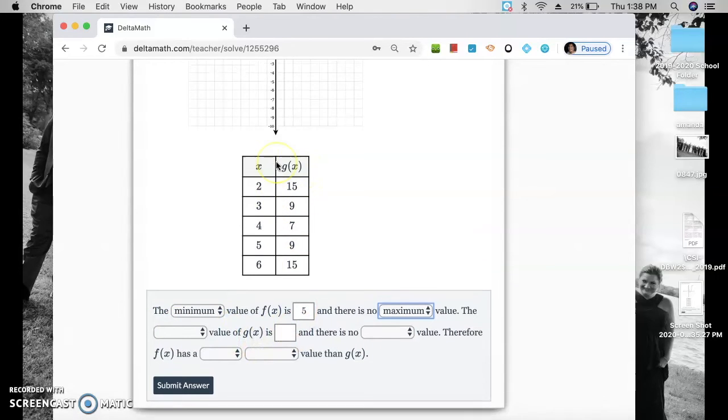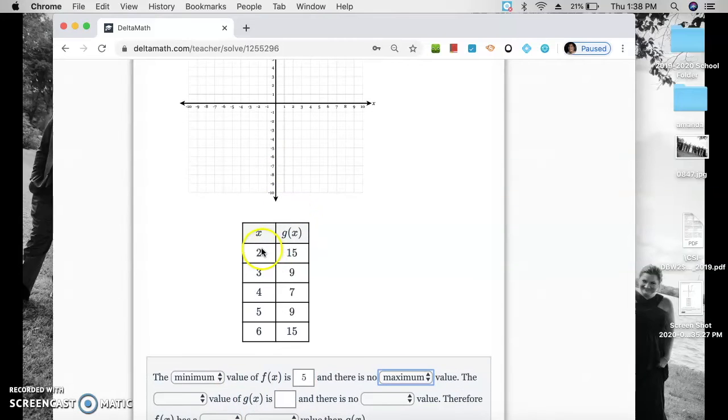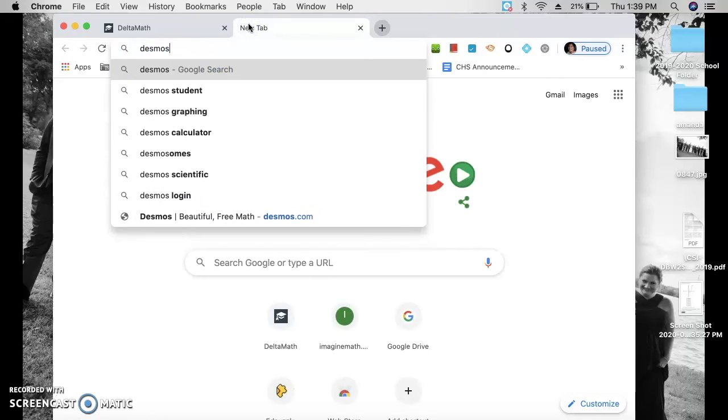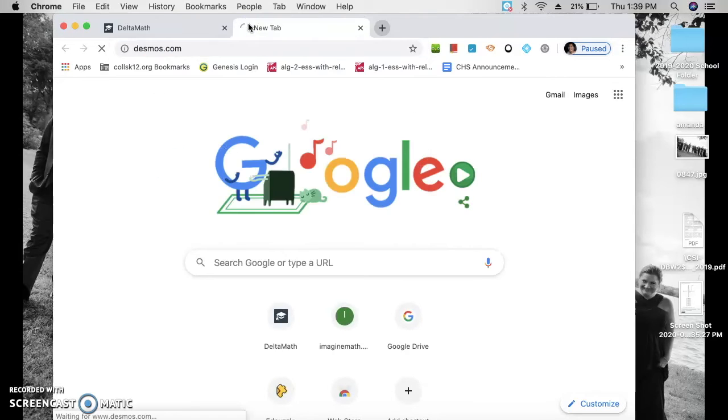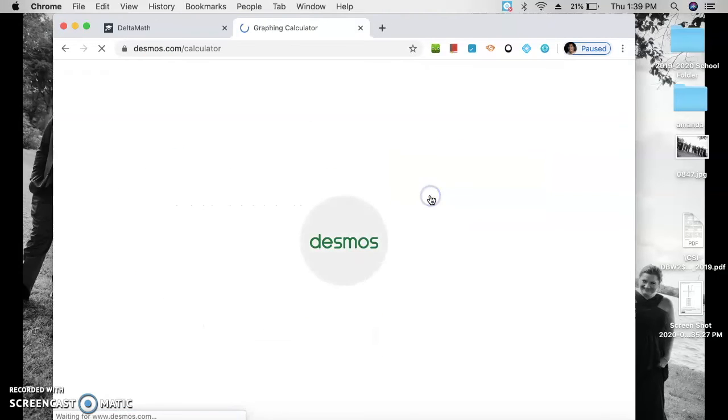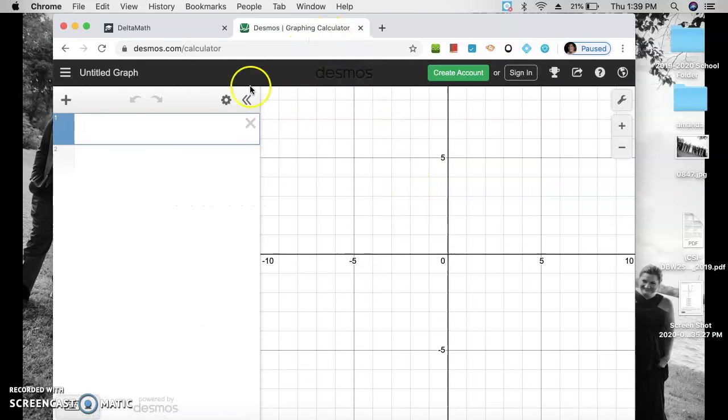So if we were to imagine drawing this on a graph, 2, 15, 3, 9, 4, 7. Let me open up Desmos, and you can do the same thing so you can visualize it.